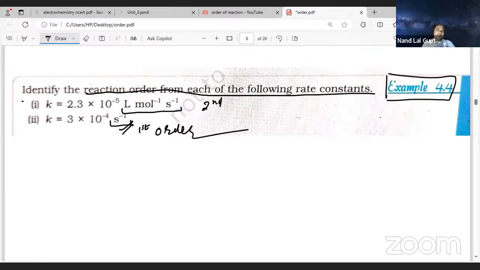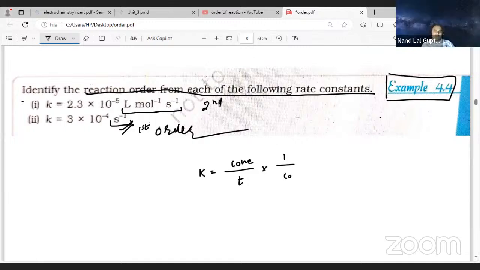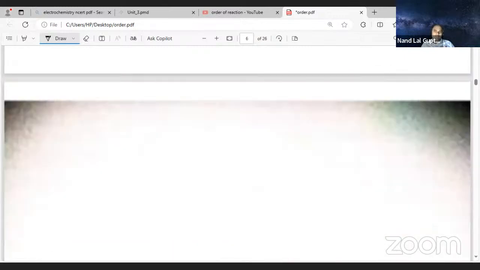But there is a way to solve this also. What is K? It was concentration upon time multiplied by 1 upon concentration power n.